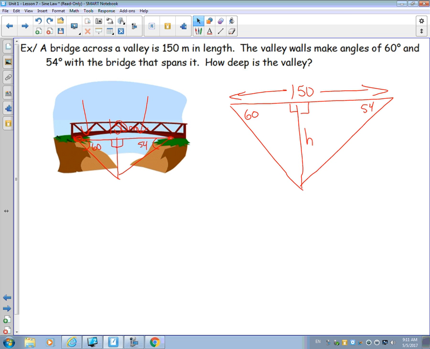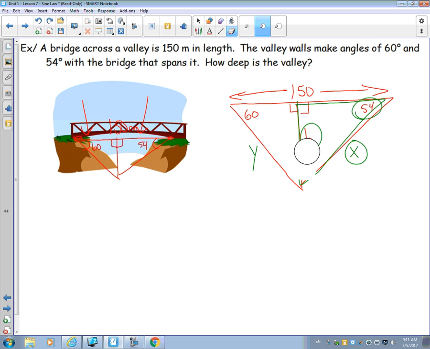However, if I could figure out this side or this side, I could then use a right triangle and do SOHCAHTOA, because I would have an angle, a hypotenuse, and an opposite. That would totally work for me. So my objective is to find x. You could also do this where you're finding y. That would totally work also. Nothing wrong with doing that. It's just the other half of the question. How can I find x is the question.